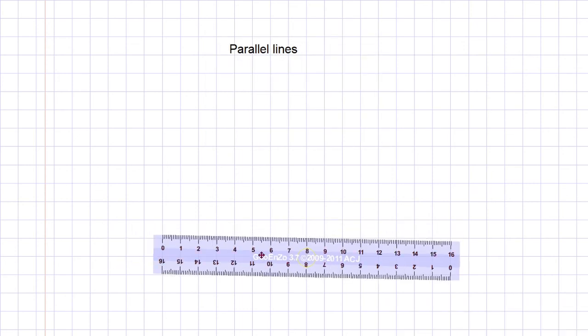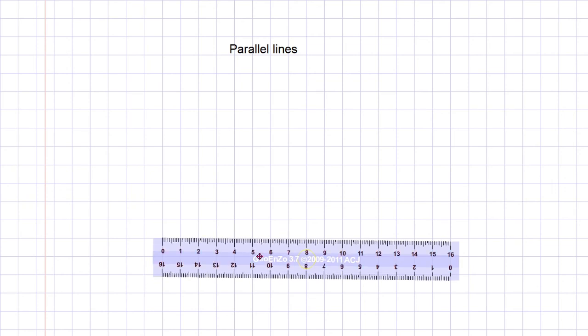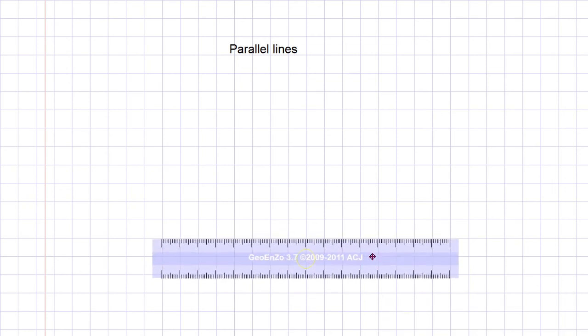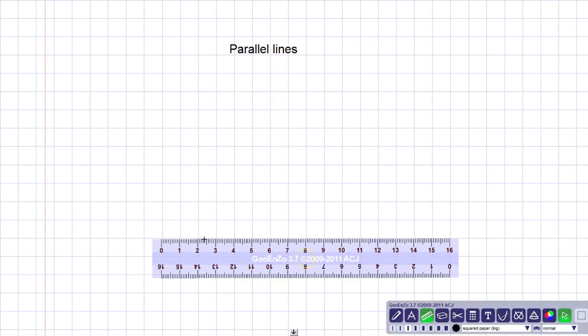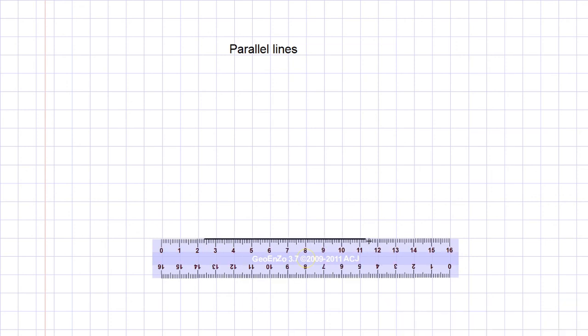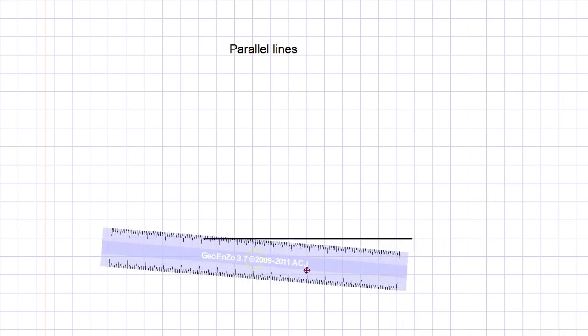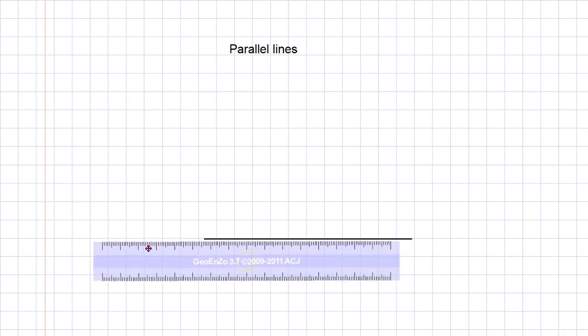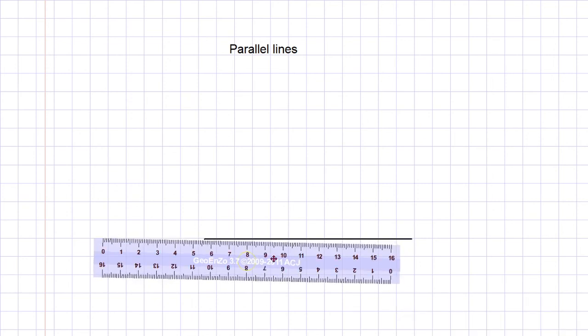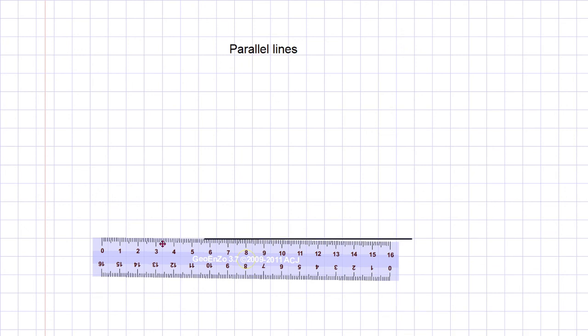Take the ruler. I will produce this side using dotted lines.